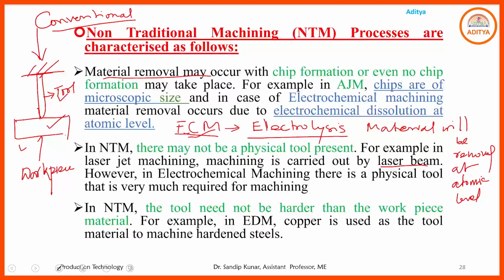The third point: in non-traditional machining processes, the tool need not be harder than the workpiece. It is not necessary because there is no contact between the tool and the workpiece.